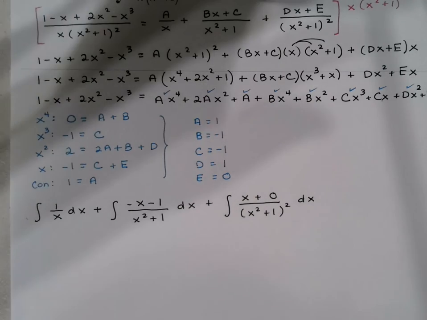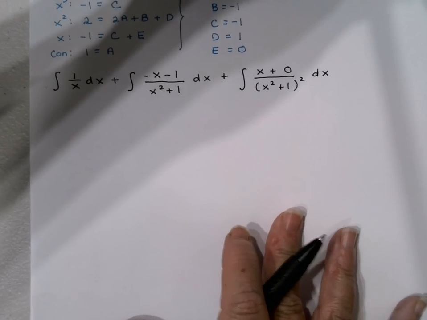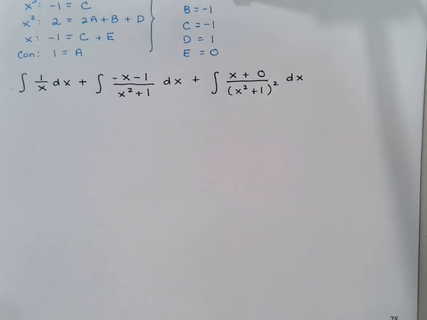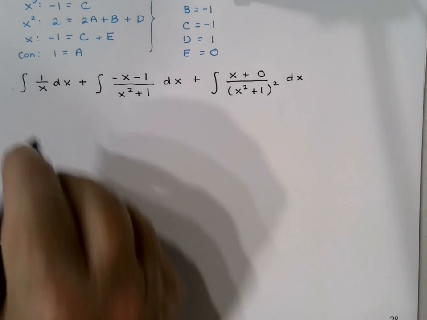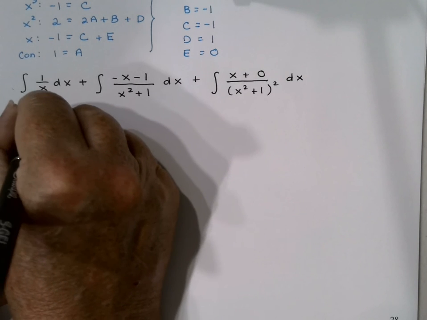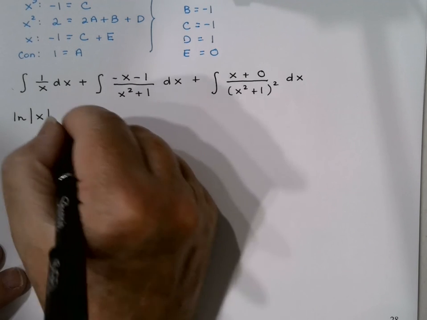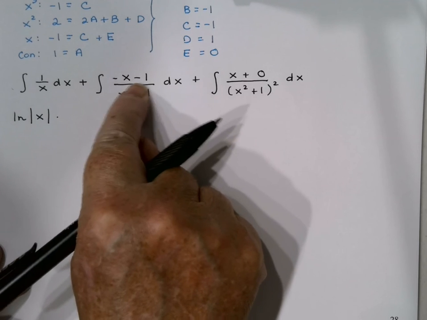All right, where are we going from here? That one's simple, just the natural log of x. And then I'm going to split my numerator here.